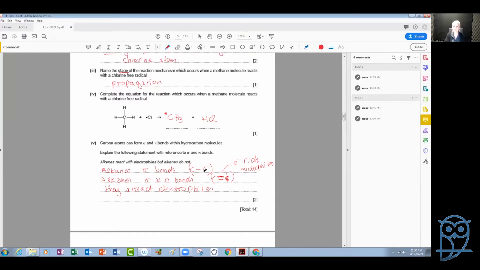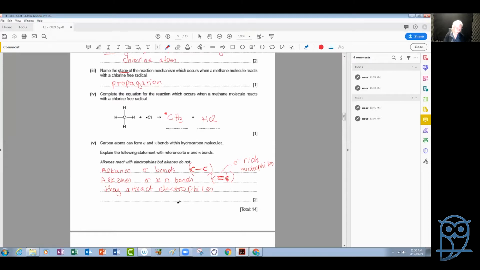In the alkanes, the single bond is not an electron-rich center. It's a neutral kind of center in terms of positive or negative polarity. But the double bond that we find in the alkenes is a very electron-rich center and attracts electrophiles.